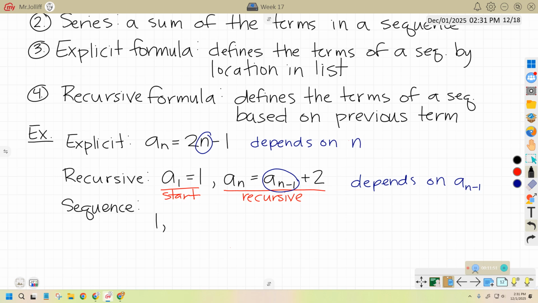Good. Using the recursive, if I'm in position 2, I'm going to take position 1 and add 2, which gives me what? 1 plus 2 is 3. I check with the explicit. I'm in position 2. 2 times 2 is 4, 4 minus 1 is 3.